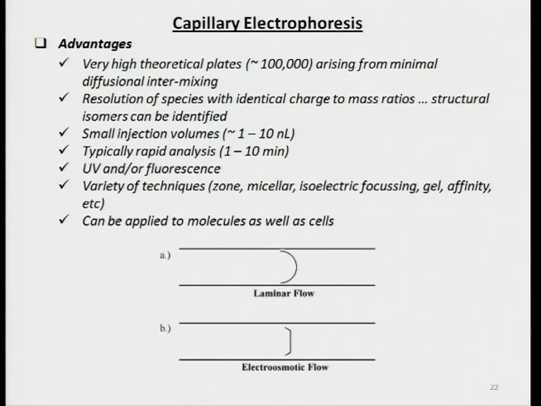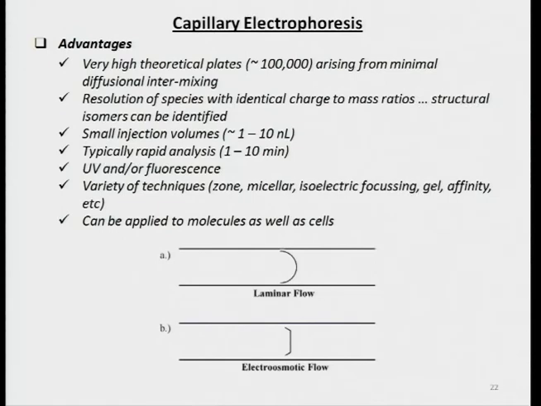So if we have a cell extract, remove the GAGs from the cell surface, and collect it in a few microliters. GAGs are difficult because they don't really have a chromophore, but you can still monitor them to a significant extent. So it's very small volumes that you can actually monitor. Usually the analysis is 10 minutes. For GAGs, it can vary because of the complexity of the sample. You can usually utilize both UV and fluorescence these days. Fluorescence is very heavily utilized.